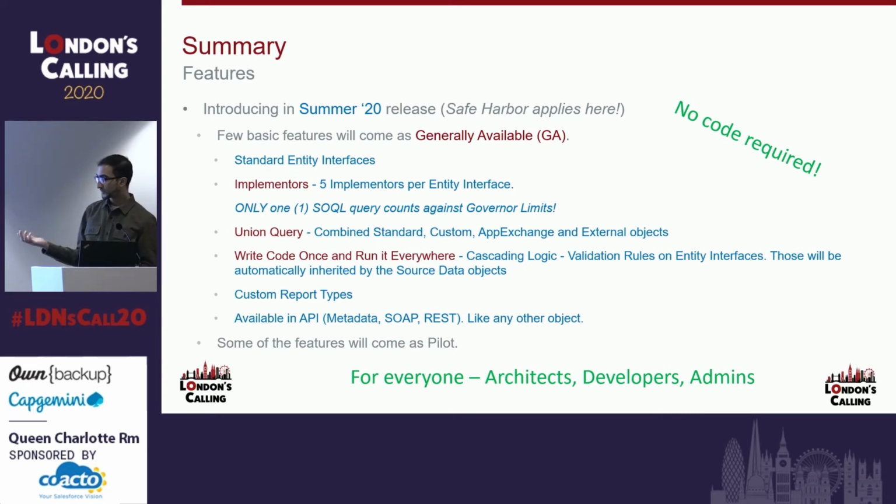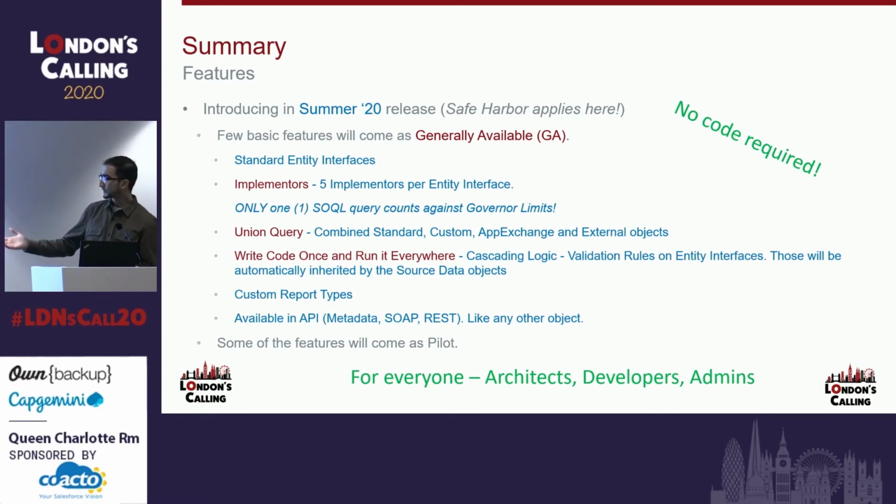And of course, custom report types will be coming as well. This feature doesn't require any code, but that doesn't mean you can't do anything with the APIs. The entity interface will be available in the metadata API, SOAP API, and REST API, and it is like any other object in Salesforce.